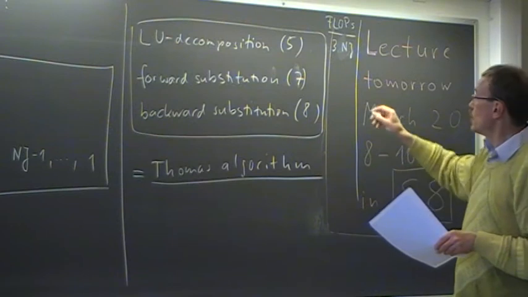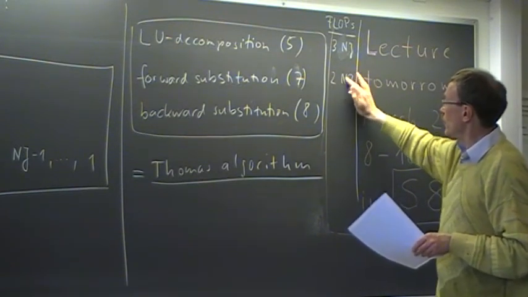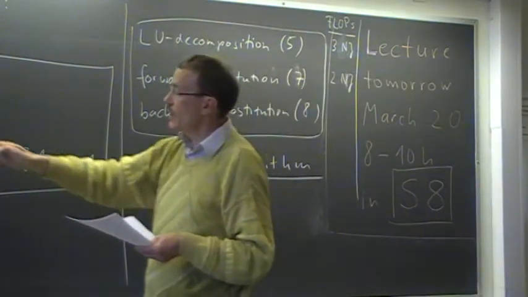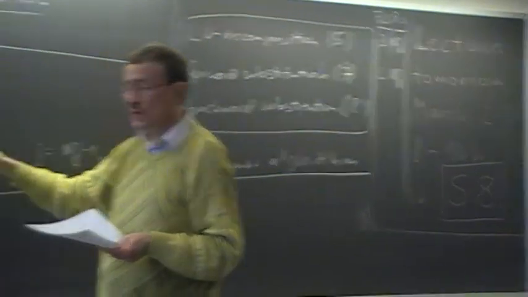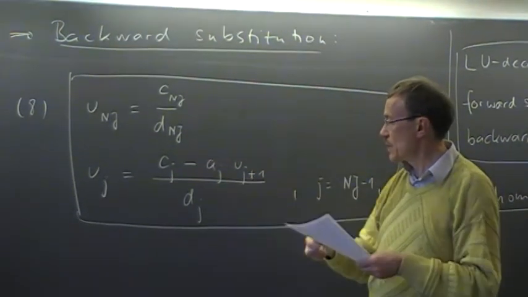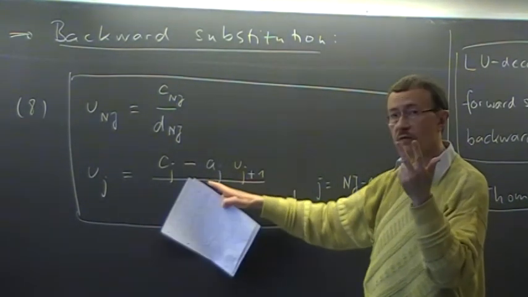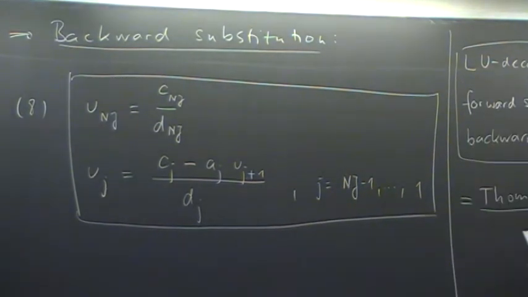Forward substitution, if we look back, we would find it is 2nj, and for the last one we can just count it. This we don't need to count, that would be just one operation. This is the interesting one. Here we have a minus, one operation. Here we have the times, second, and the divide, 3 operations. It's a little unfair because the divide is taking much more time than the plus, minus, times, but we do it like that.